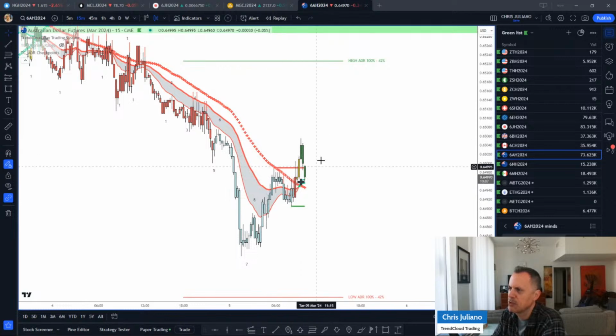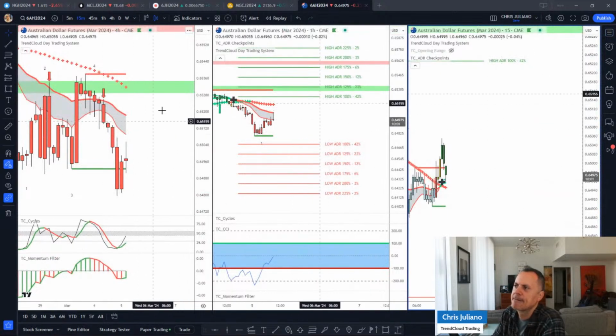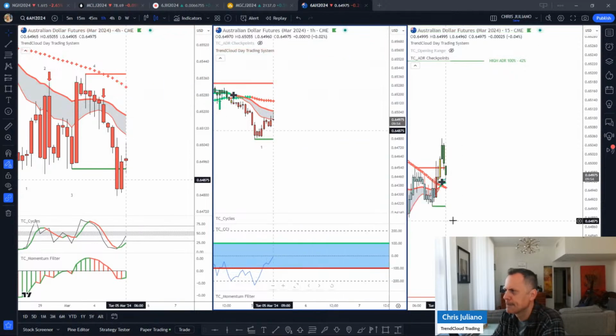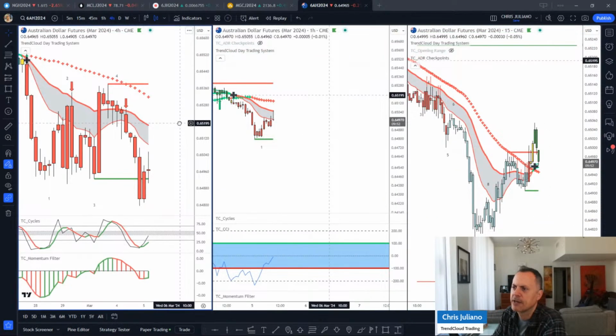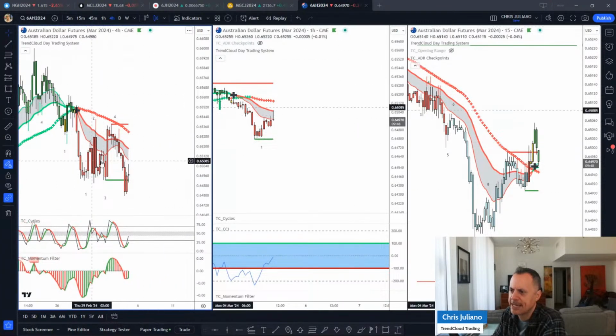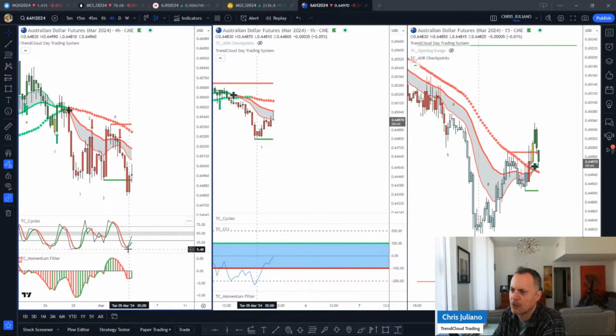Broke above the 50, recalculated. All right, that's on the 15-minute chart. Let's go over that Australian dollar. Downtrend. And what's happening in this downtrend? We are starting a corrective move.